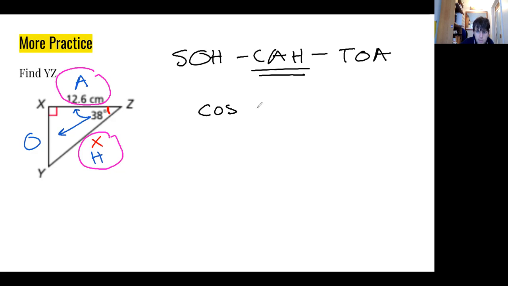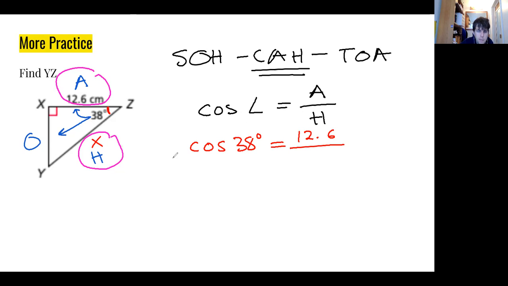So the equation we will set up is cosine of our angle is equal to adjacent over hypotenuse. Our angle in this case is a 38-degree angle. So we have cosine of 38 degrees is equal to the adjacent, which is 12.6, divided by the hypotenuse, which is our unknown X.